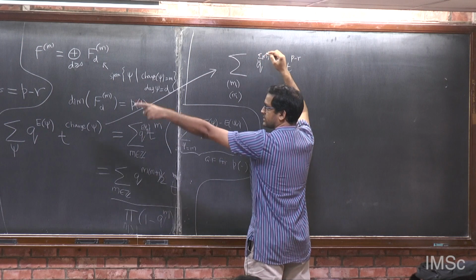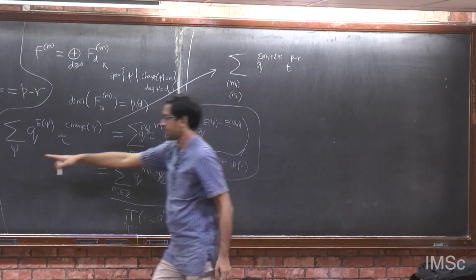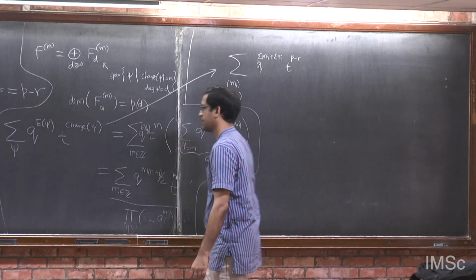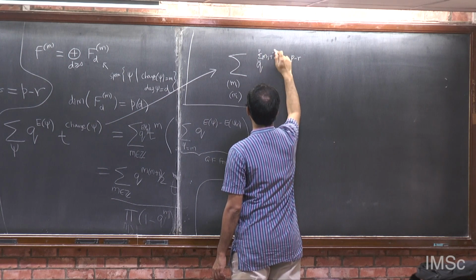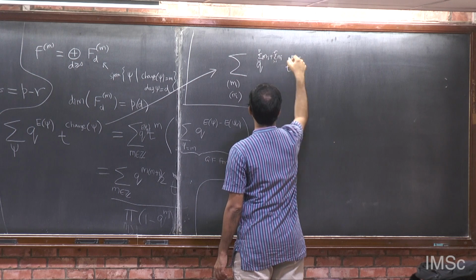With respect to that notation, I've assumed there are p of the m_i's and r of the n_i's, so this is the sum for i equals 1 to p, this is the sum for i equals 1 to r, and this is t to the p minus r.